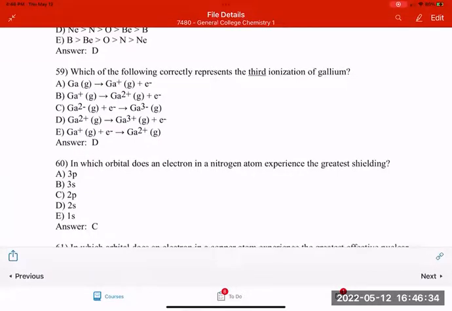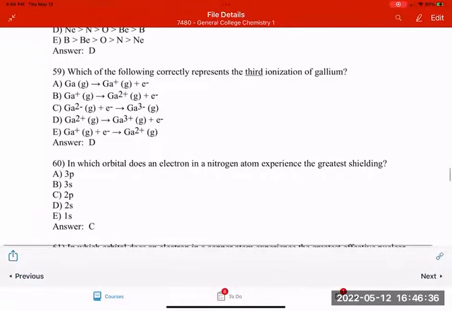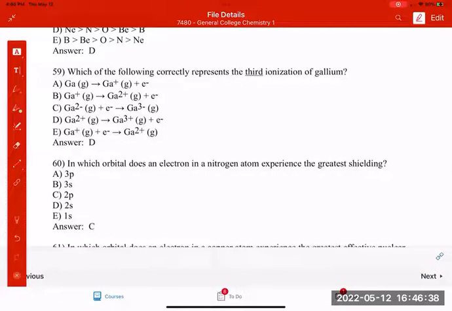So remember that gallium, and I'll just do this, this was a mistake I saw. Gallium minus 1 electron makes gallium plus 1. This is the first ionization energy. Then gallium plus 1 minus 1 electron gives you gallium with plus 2 charge.